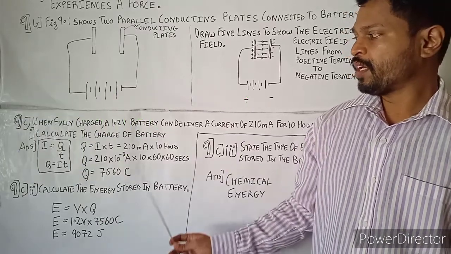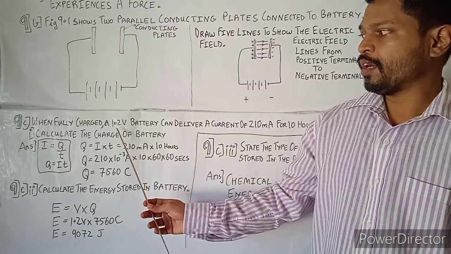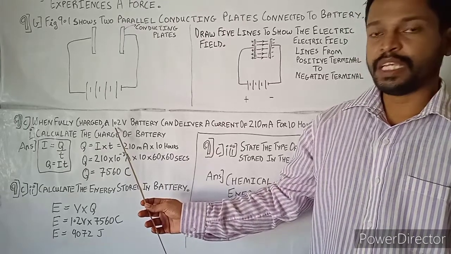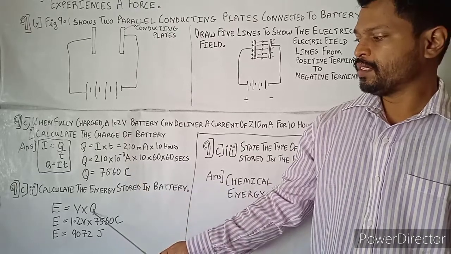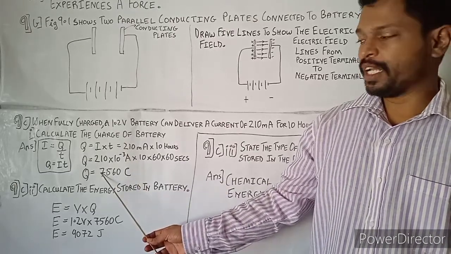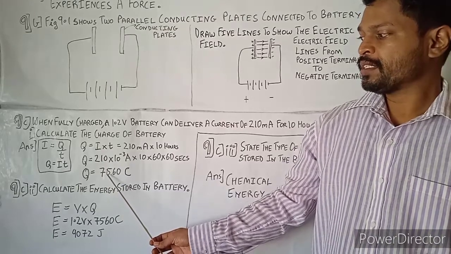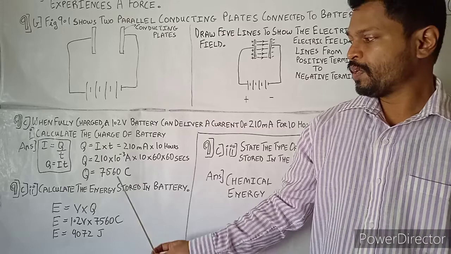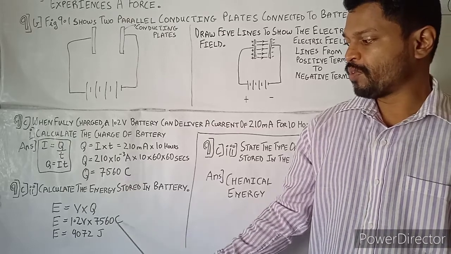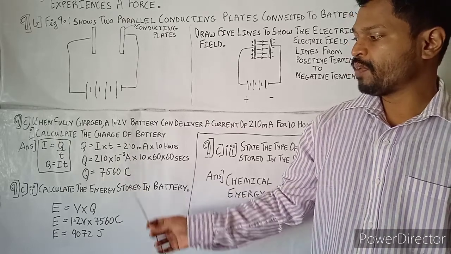So voltage you can take from the above question, it has been given that the voltage of the battery is 1.2 volt, and the charge we have already derived, Q is equal to 7560 coulomb. So we will be substituting this value and the voltage value over here.